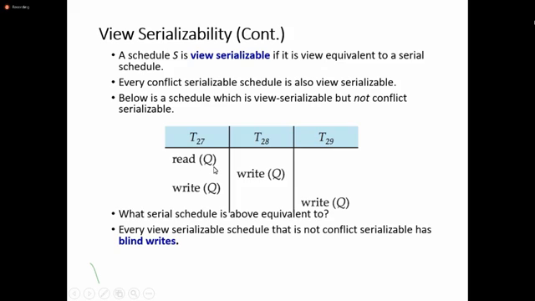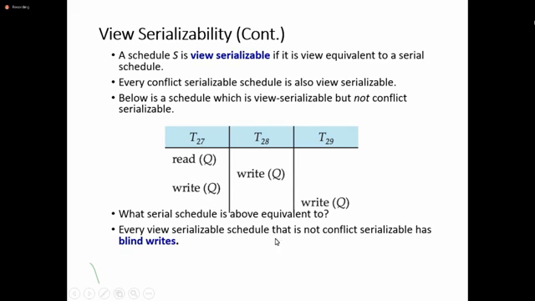Now here there is a conflict, because there is a read Q and here T28 has a write. Then write Q. That value is here, but we cannot interchange. The same value, then write Q in T29. But the serial schedule is view equivalent. The serial schedule is there, but we cannot interchange.